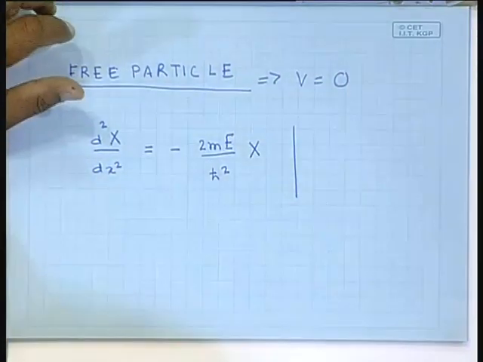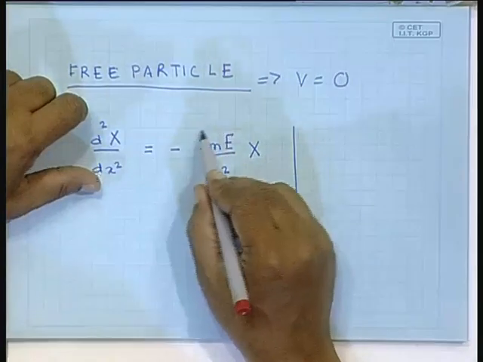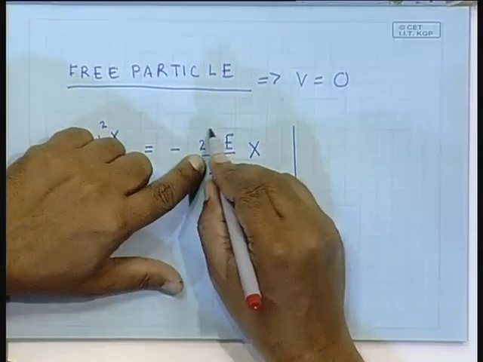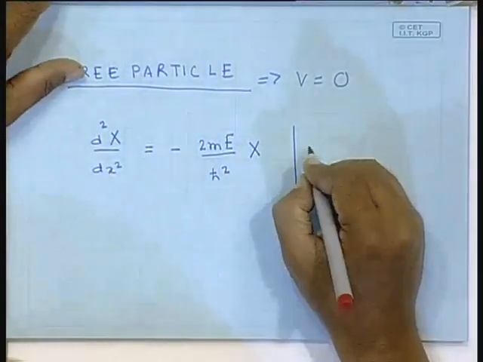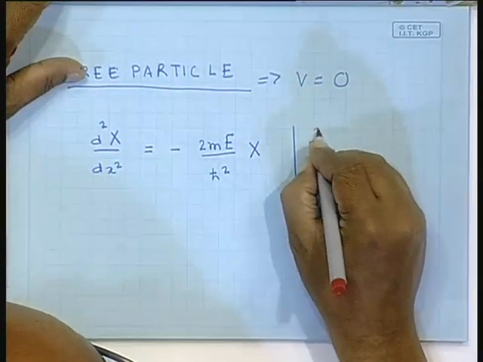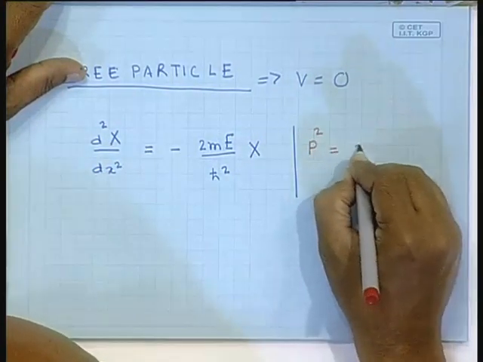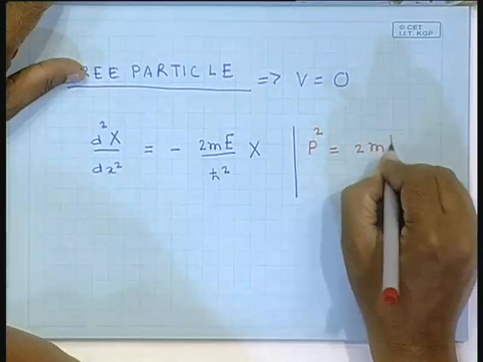So, it is convenient to define a new variable. Define this numerator 2 m E as a new variable p square equal to 2 m into E.